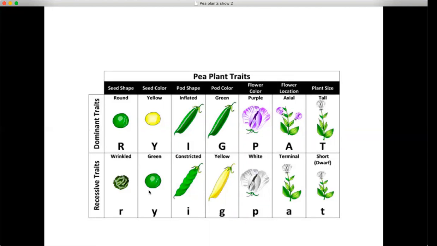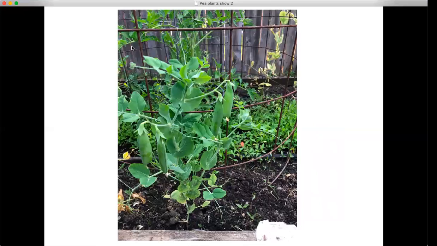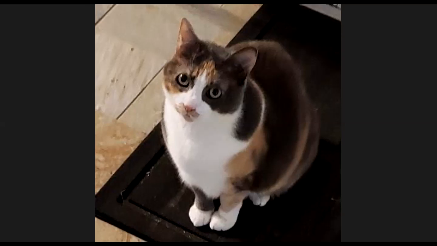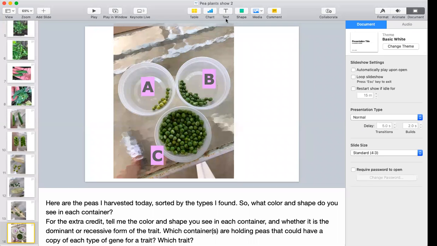Recessive traits, wrinkly green peas, constricted yellow pods. So here they are again.